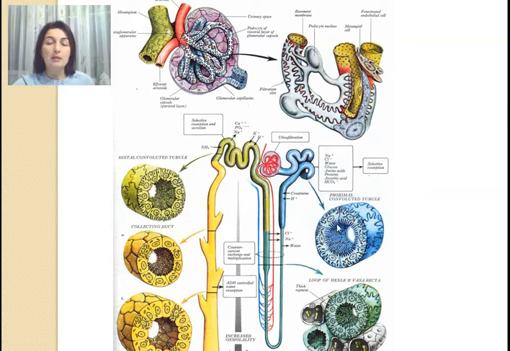On the apical surface, there is a brush border formed by lots of microvilli that increase surface area, which is necessary for the reabsorption to take place. In the basal part of the cells, there are also many invaginations. Between them, there are lots of mitochondria.